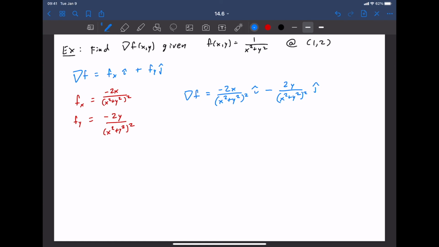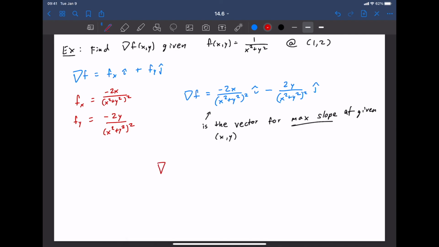What is this representing? This vector right here is the vector for max slope at a given x, y location.